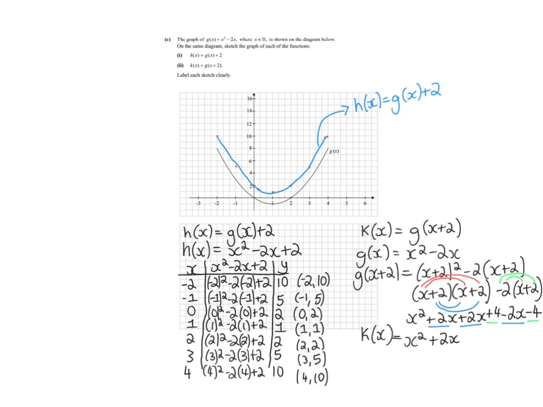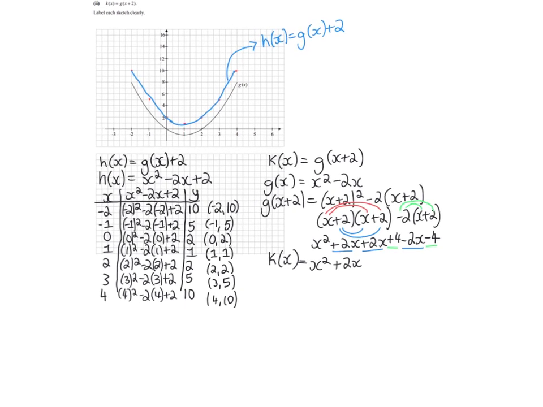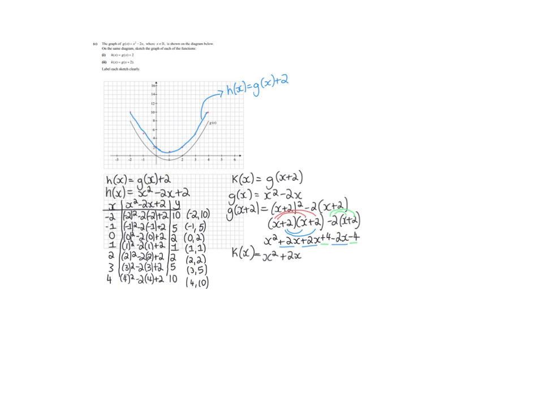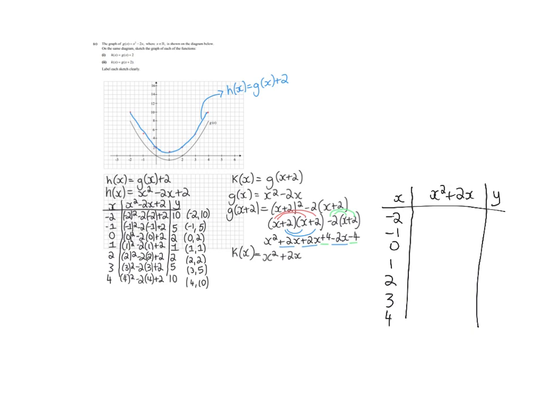Now I'm going to then do the box for that up here. So we have, again, we need x. We have here, we need to go from minus 2 up to 4. And we have the function x squared plus 2x, and we have y.